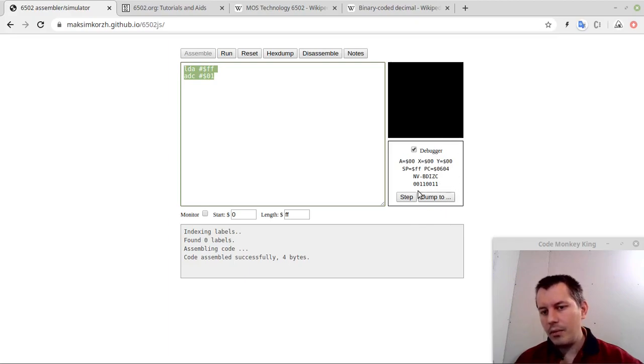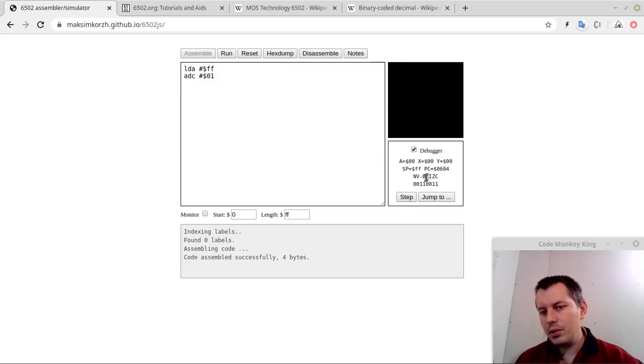By the way, the rest of the flags: V stands for overflow flag. This one is called a reserved flag. I have no idea how this works and why it is needed. It seems like it's always the same. B is the break flag, which in this environment is always set to 1, and it's not clear whether it's possible to do something with it.